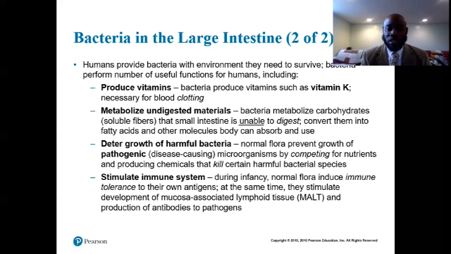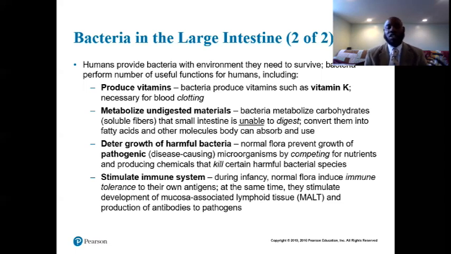They help produce vitamins, such as vitamin K. They metabolize undigested materials, so some carbohydrates that small intestines is unable to digest. They can convert them into fatty acids. They deter the growth of harmful bacteria. So these good bacteria stop the growth of harmful bacteria.